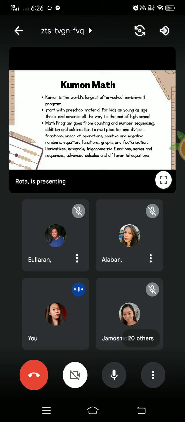So the Kumon instructor discovers the potential of what each student is capable of and develops the ability in every one of them.